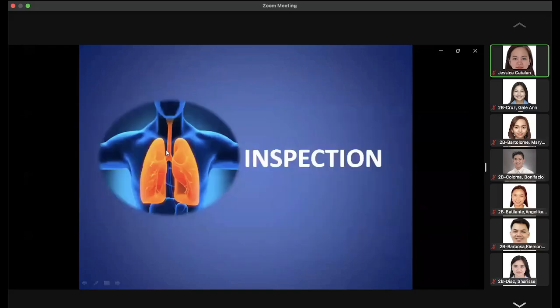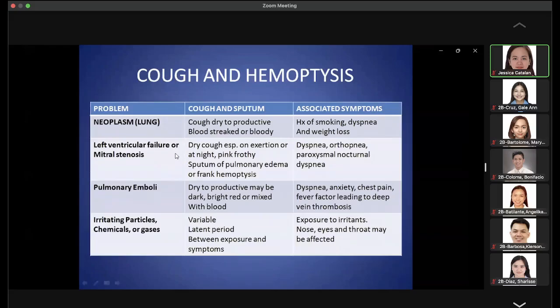Heart failure may present with dry cough, associated with orthopnea and paroxysmal nocturnal dyspnea. Also, we've discussed pulmonary embolism that may accompany dry to productive cough, with hemoptysis. There is difficulty of breathing, anxiety, chest pain, and fever, with risk factors leading to deep vein thrombosis.